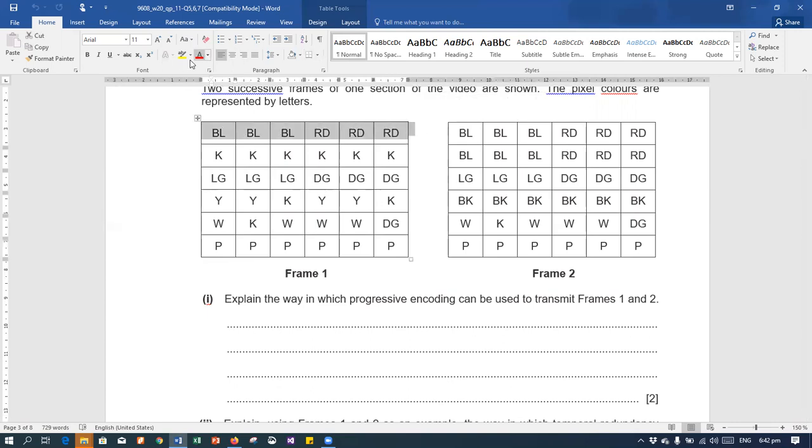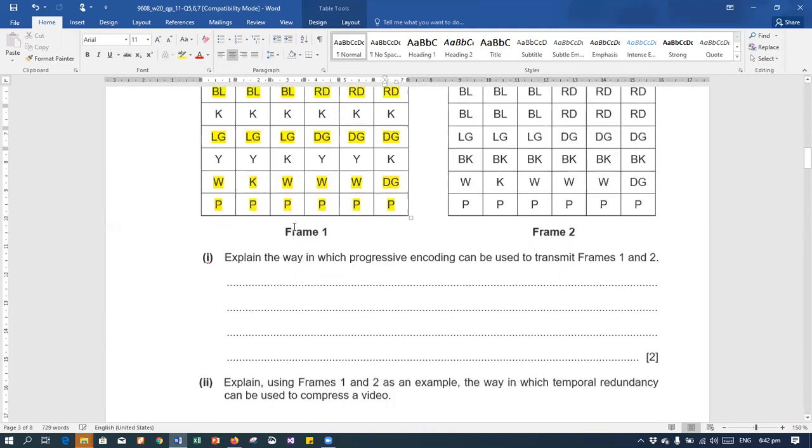Then there is W. Okay. Then there is LG, LG, and DG, and then there is WKW, and then PPP. So that would be redundant. And then this data, these 4 lines would be transmitted and that would be moved once.